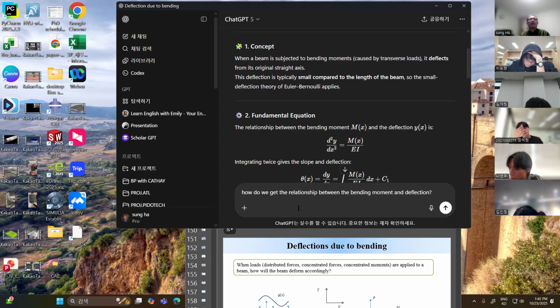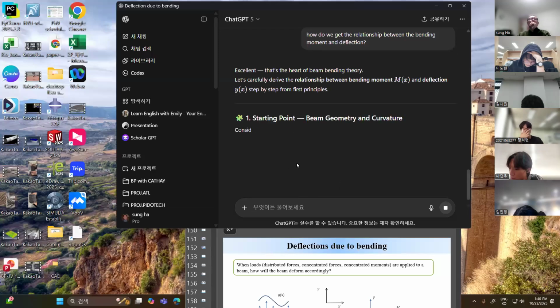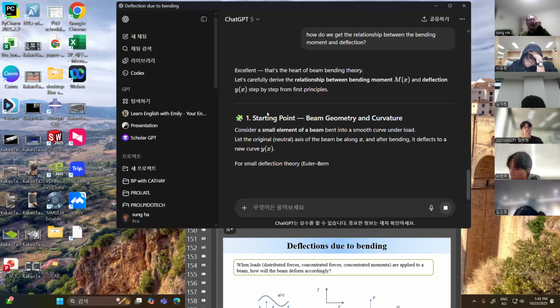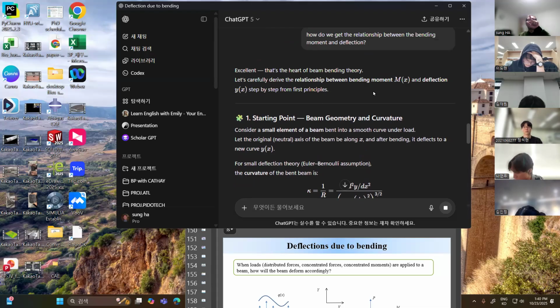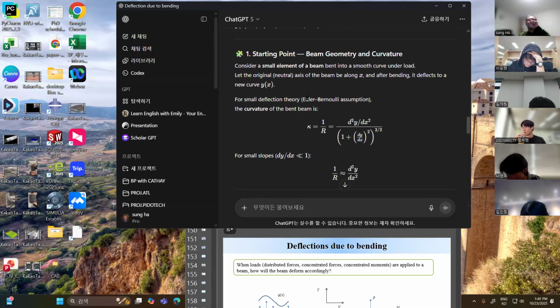Let's see what it says. Well, it says excellent, that's the heart of beam bending theory. Let's carefully derive the relations between the bending moment M and the deflection y(x) step by step from first principles.